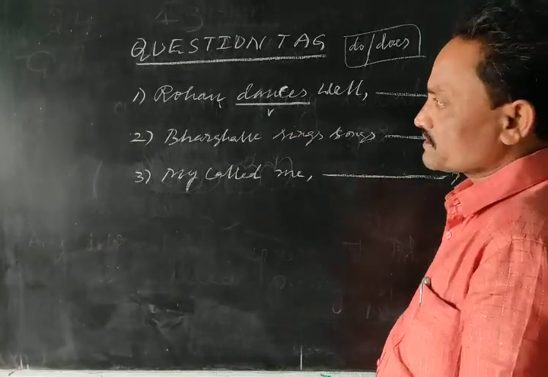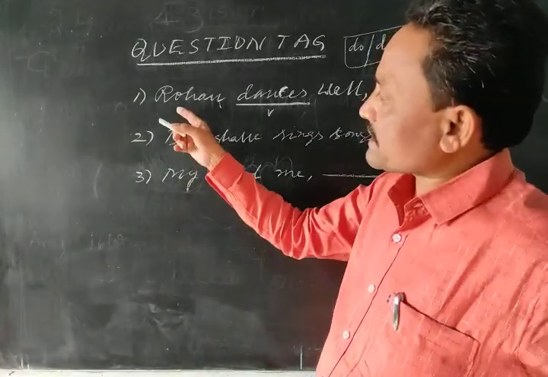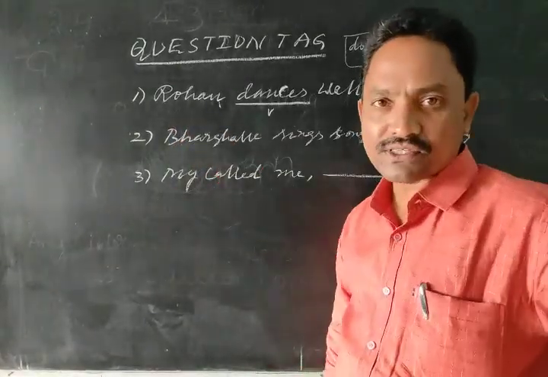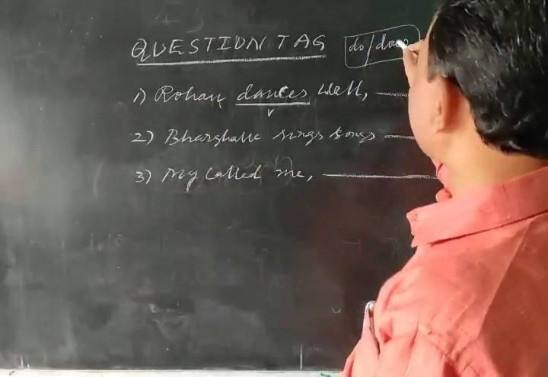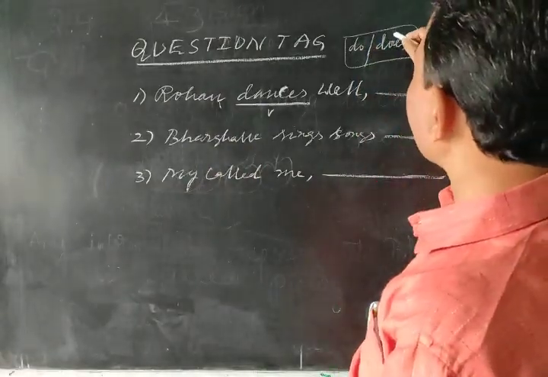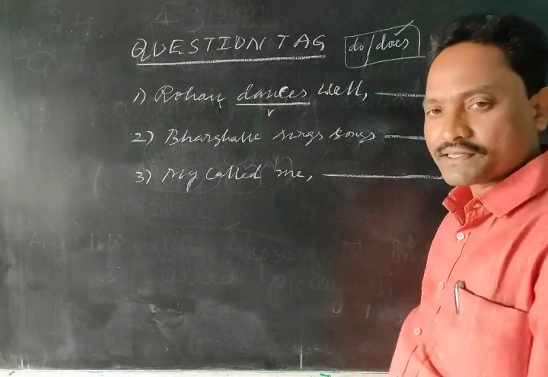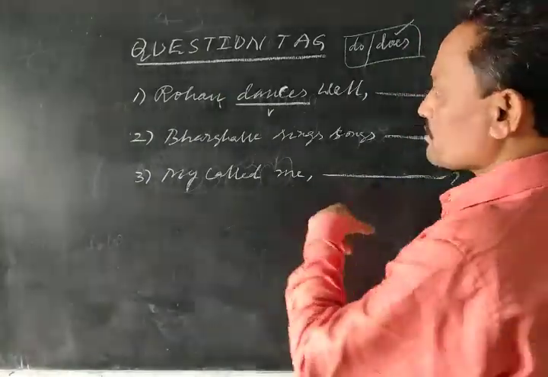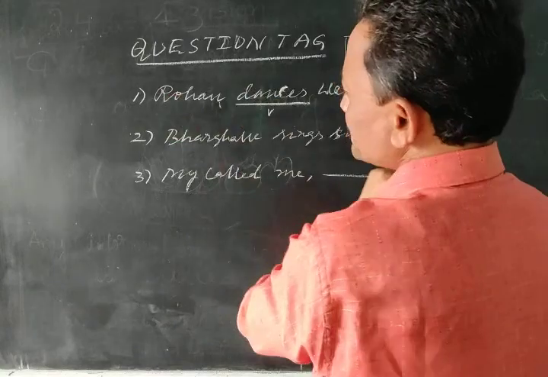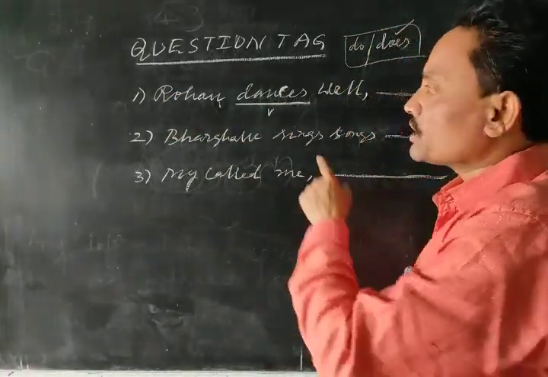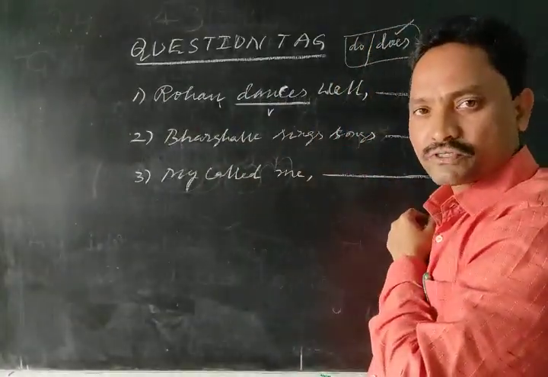According to this rule, we can understand the subject is Rohan, third person singular. So that's why does is used. It is clarified because does is the suitable auxiliary verb for this sentence. Now coming to the statement, whether it is positive or negative. Rohan dances well, this is a positive statement.